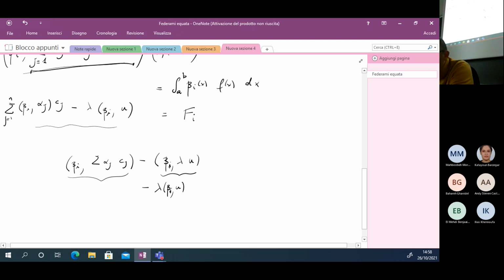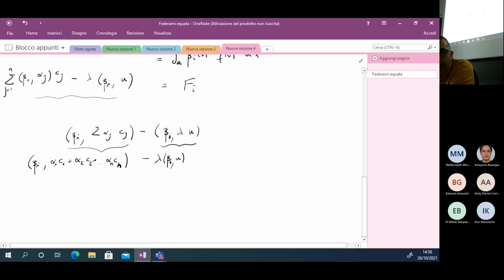What about these other things? Here I have to use linearity again. This expression here is basically the inner product of beta I with what? Alpha 1 C1 plus alpha 2 C2 plus other terms until I arrive at alpha n Cn.